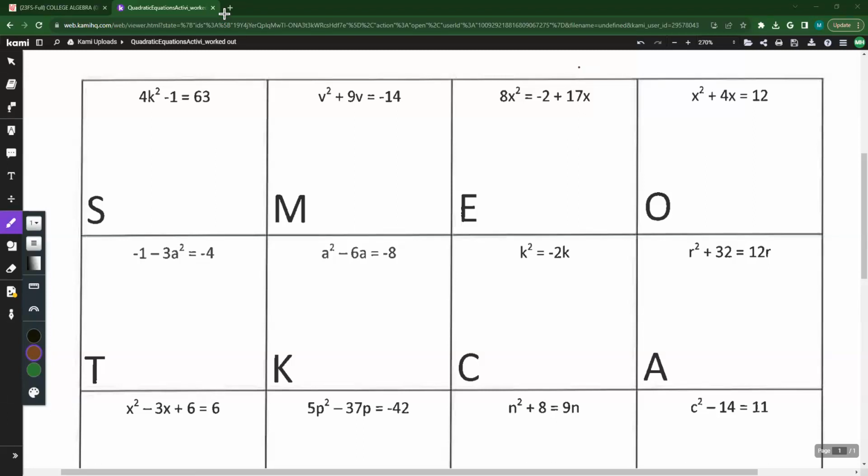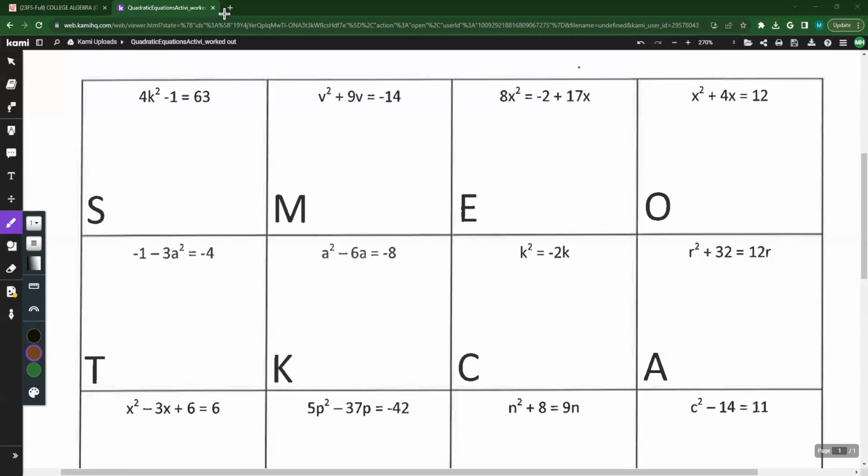They might be the same, so at most I will have 2 answers. They could be 2 completely separate answers, they could be 2 imaginary answers, or they could be the same point. So it's either 2 answers, 1 answer, which would be the same, or no answers, which just means they're imaginary.